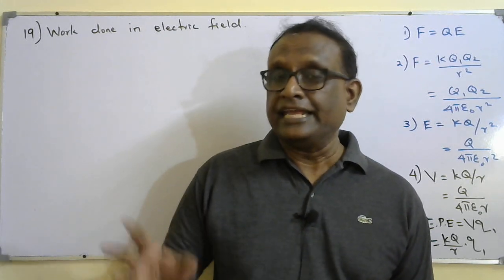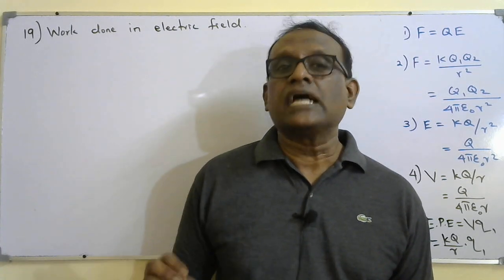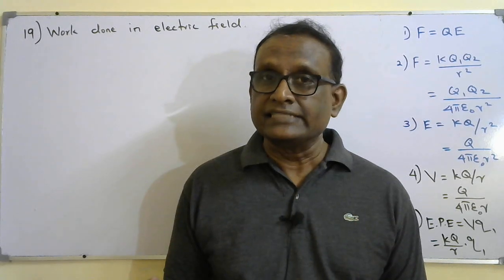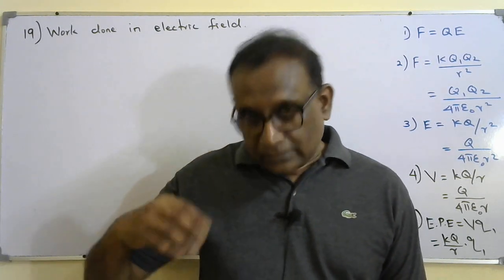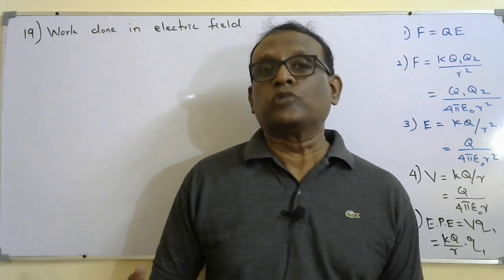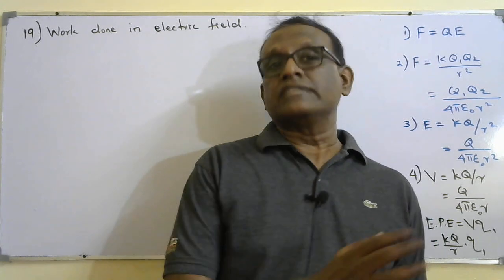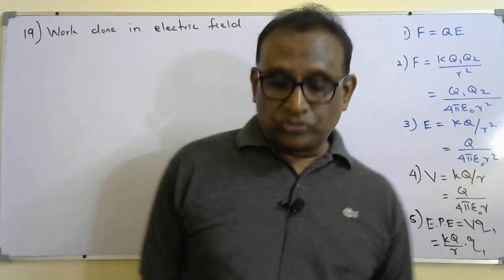Likewise, when a charged particle moves in an electric field, the loss in kinetic energy equals the gain in electrical potential energy, or the loss in electrical potential energy equals the gain in kinetic energy. Either way could happen when it moves in an electric field where there is no friction or drag force.